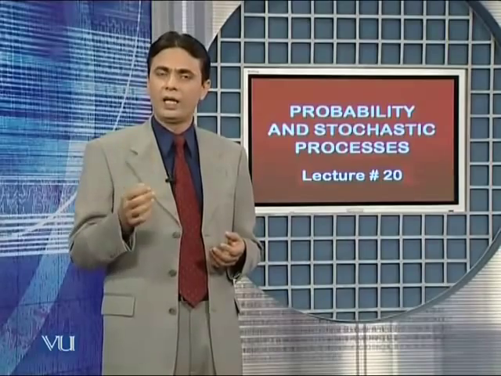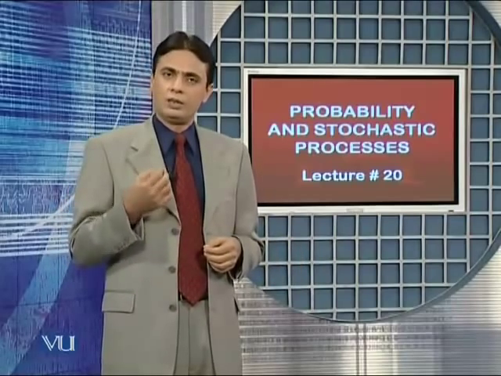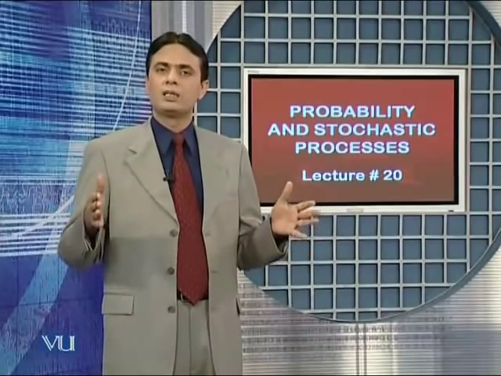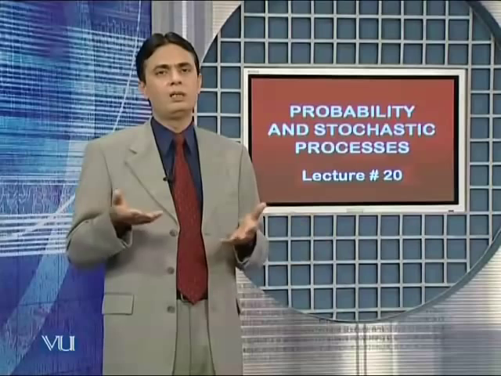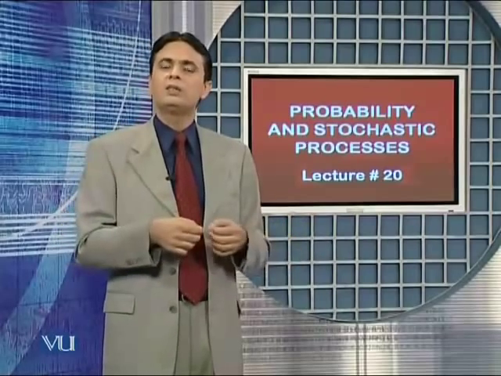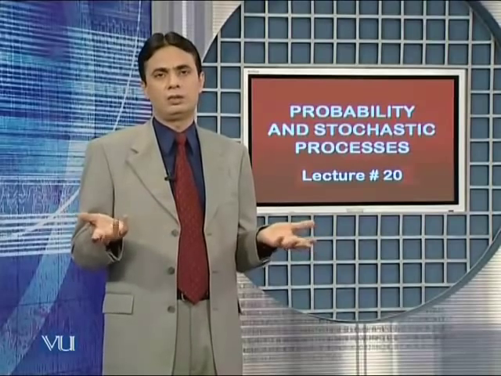What is his height and what is his waist? These two quantities are going to be random. They are going to lie in a certain range. The height is going to lie between say 1.2 meters and 2.1 meters, and the waist is going to lie between say 28 inches and 39 inches.